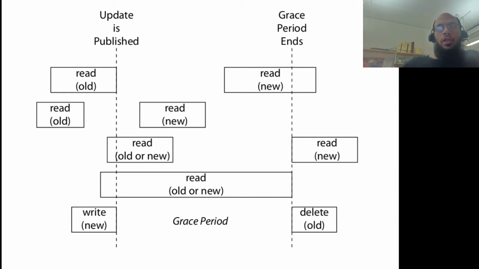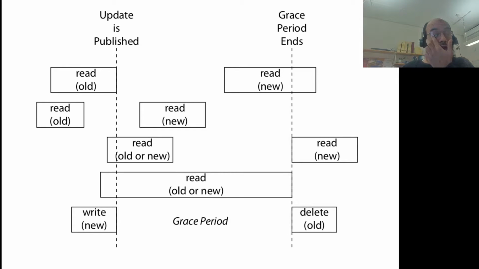Any new thread that starts after the update is published will read the new value only, will not read the old value, because that just doesn't make sense. And then basically you have a grace period after which all old values are flushed. And if you have something that is running for longer, then that will have to update itself.